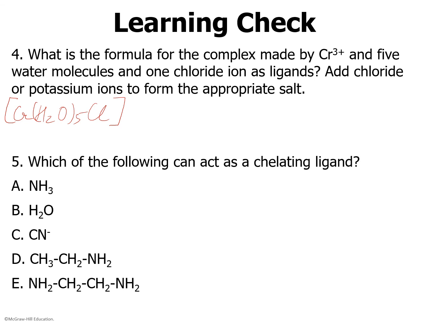So if it is a ligand, it's going to be in parentheses. And now I have to figure out what is the charge of this, which is X. So Cr is plus 3. The question is telling me I have 5 water. Each water is 0. So 5 times 0 plus 1 chlorine. So 1 times each chlorine is negative 1 equals X. So this totals out to 3 minus 1, which would give me plus 2. So my X is plus 2, which means this is a cation.